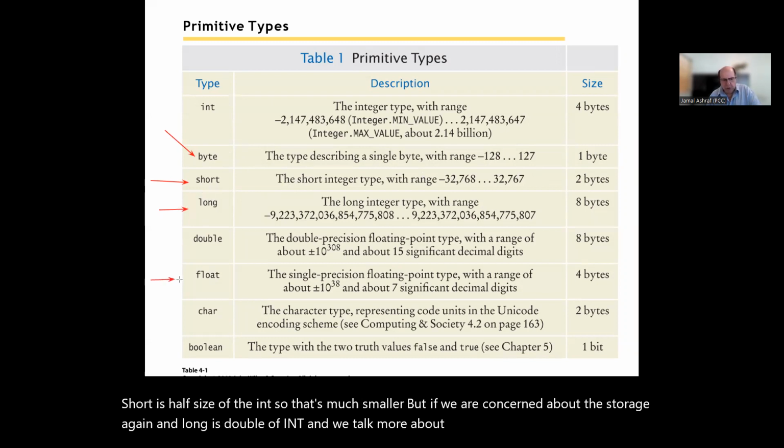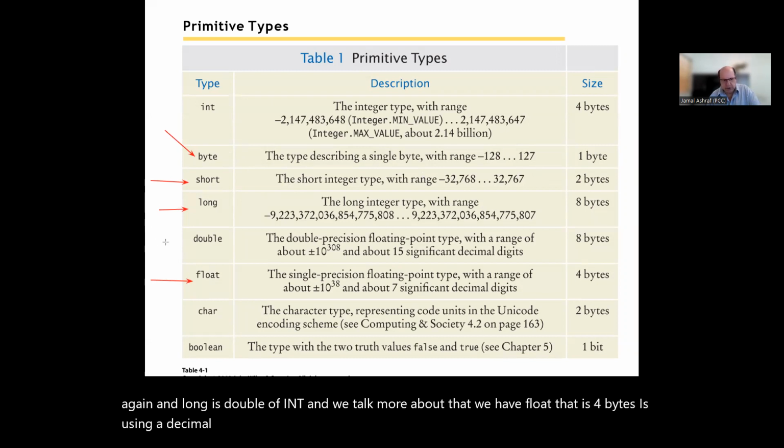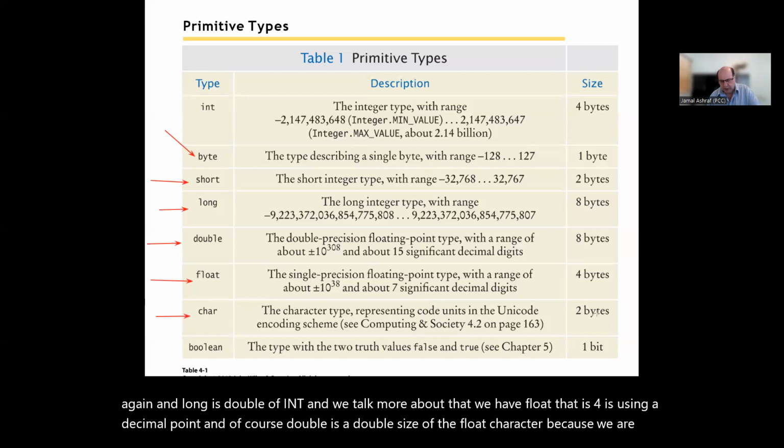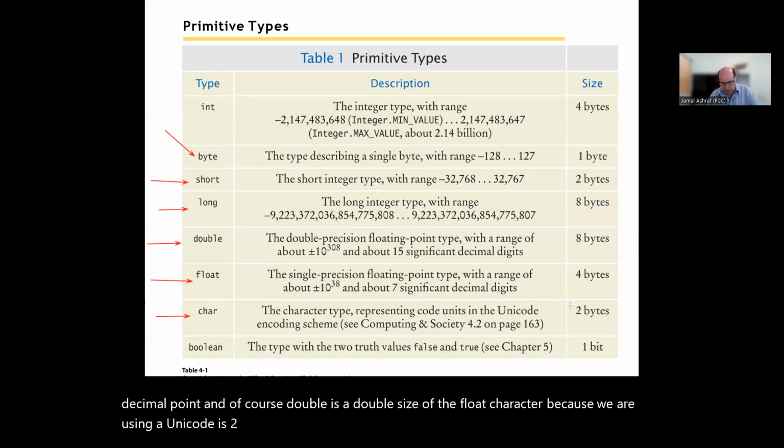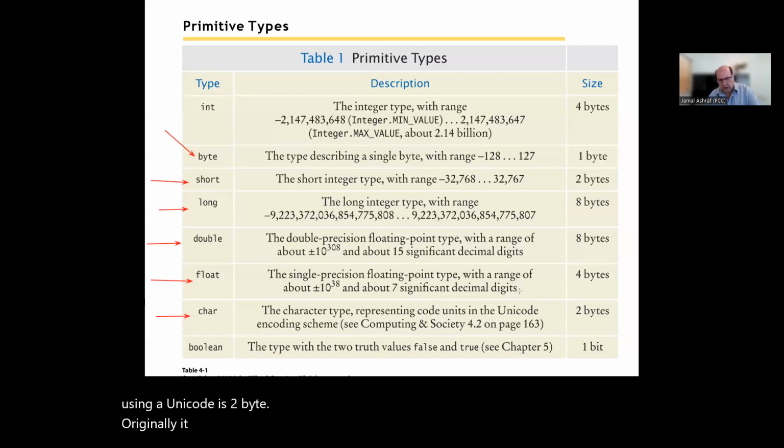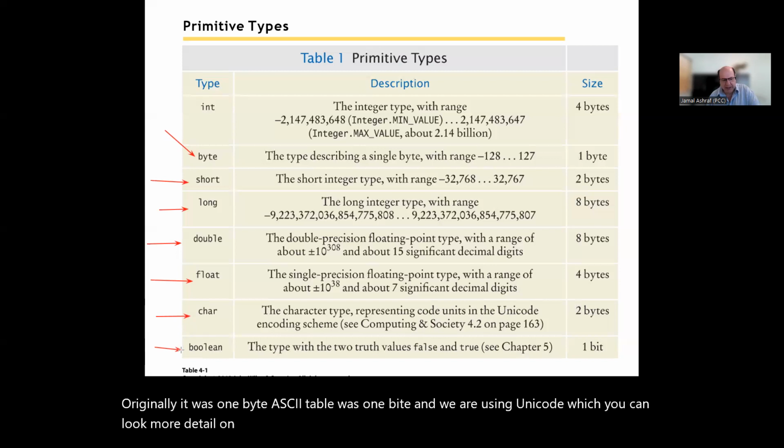We have float, that is 4 bytes, and is using decimal points. And of course, double is double the size of the float. Character, because we are using Unicode, is 2 bytes. Originally, it was 1 byte. The ASCII table was 1 byte, and we are using Unicode, which you can look up in more detail. And the smallest thing that we can have is a boolean, which is 1 bit.